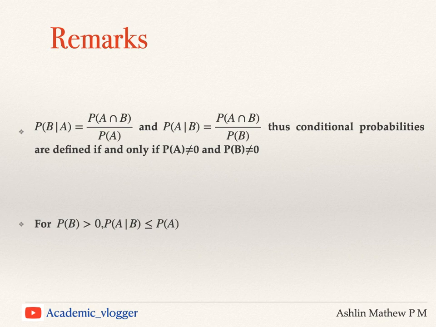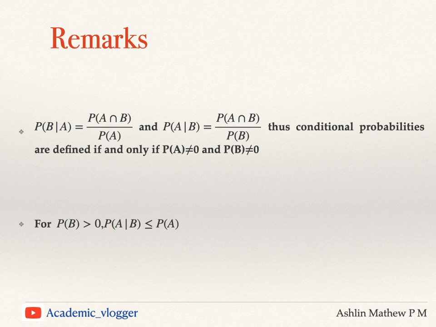Now, if we know probability of B is greater than 0, then we can say that the probability of A given B is less than or equal to probability of A. Because probability of A given B is the conditional probability of the event A such that the event B has already occurred.